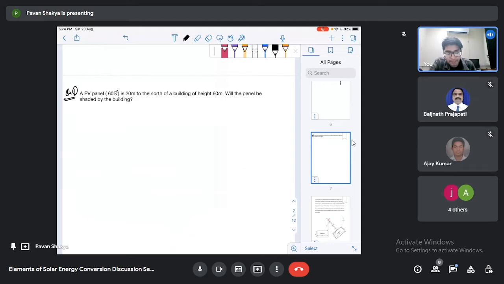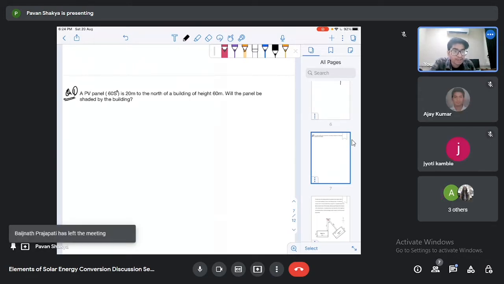A PV panel that is at 60 degrees south is 20 meter to the north of a building of height 60 meter. Will the panel be shaded by the building? You have to just tell whether the panel will be shaded or not.